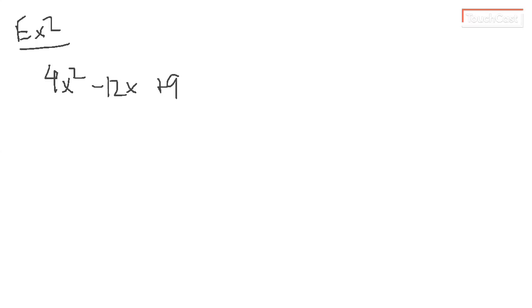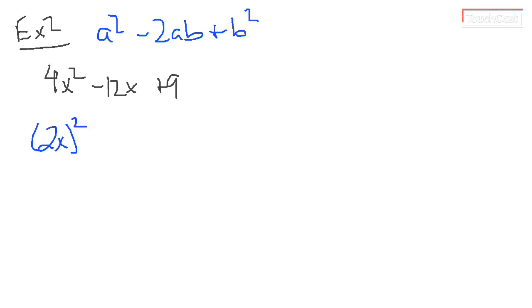Can I write it as a squared minus 2ab plus b squared? So, can I write 4x squared as some expression to the power of 2? Well, we know 4 is 2 squared and x squared is just x squared. So we can write this as 2x to the 2. And we know 9 is 3 to the 2.